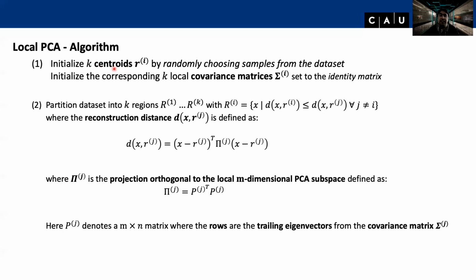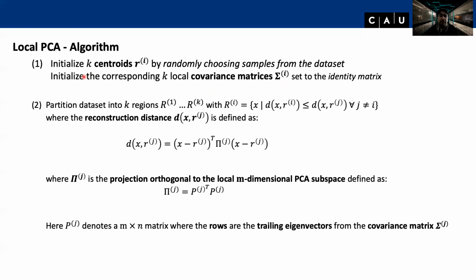And with these k initially chosen samples from the data set, we initialize the corresponding k local covariance matrices set to the identity matrix. So for each of these centroids Ri that we have chosen, we compute the corresponding local covariance matrix, sigma i, and initially, because we have no information so far that we can rely on, we say, you know what, set it to the identity matrix, some kind of neutral element in this matrix multiplication.